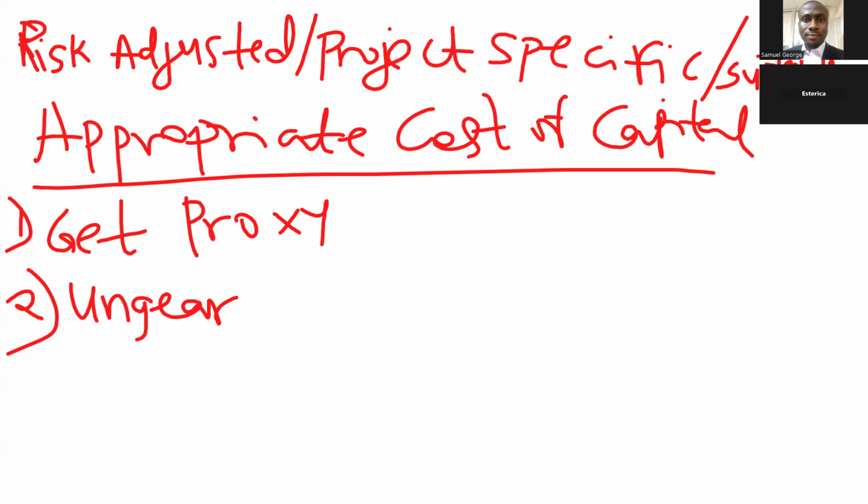You've not been in the sugar industry before, but there are some companies who are producing sugar, whether locally or abroad. You get their data, you use them as proxy, you use them to estimate the business risk inside the sugar industry. So that is why we say you are getting proxy.